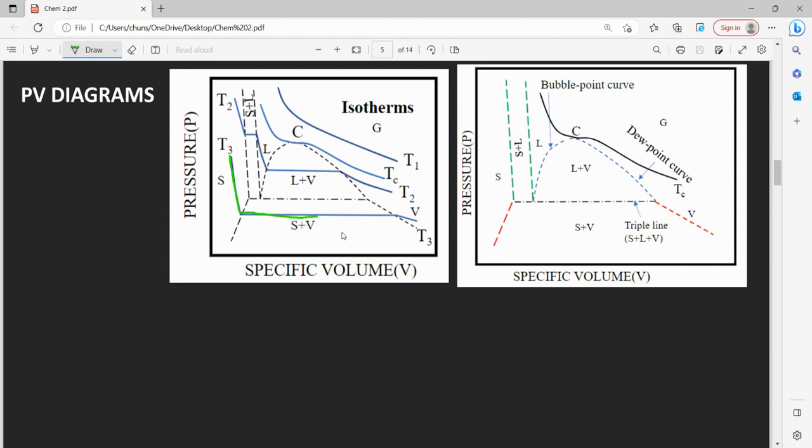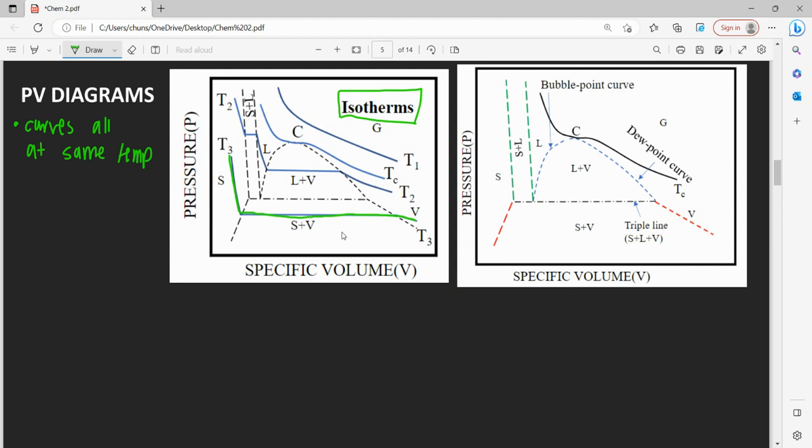Each curve here that you see in blue, that I'm outlining in green right now, we call isotherms. They are called isotherms because iso means same, therm means temperature. So curves all at the same temperature, right?